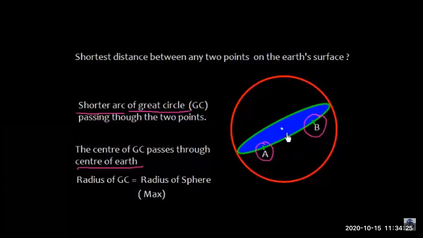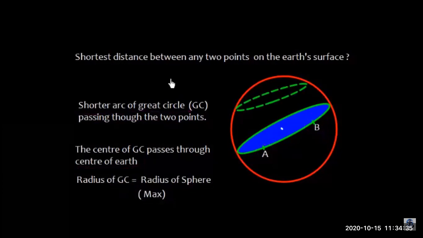So the center of the Earth and the center of the great circle is the same. Hence the radius of the great circle is also the radius of the sphere, which is maximum. So the maximum radius belongs only to the great circle, which has the same radius as the Earth. And this is a small circle, and a small circle will always have a radius lesser than the great circle, which is passing through the center of the Earth.